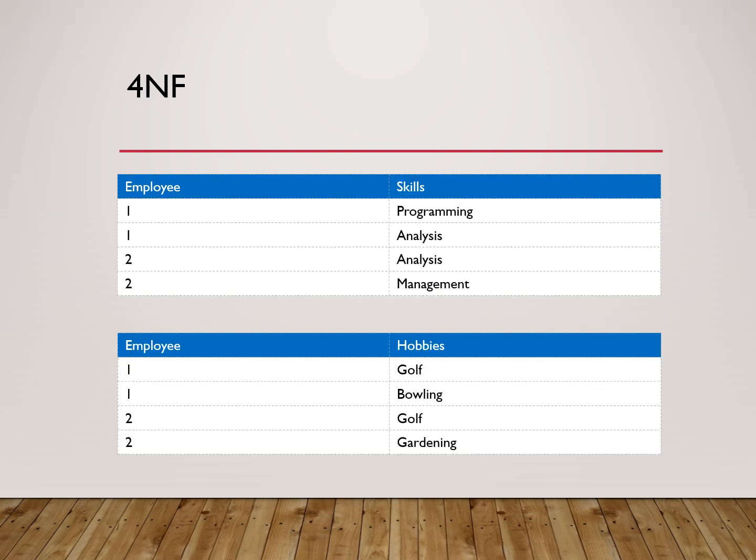Employee 1 has skills programming and analysis, employee 2 has analysis and management, and hobbies: 1 has golf and bowling, 2 has golf and gardening. We split this table into two because we have multiple multi-valued attributes. The next one is fifth normal form.